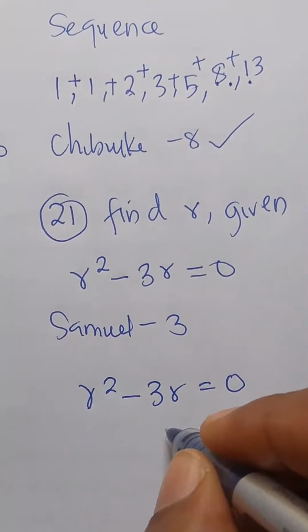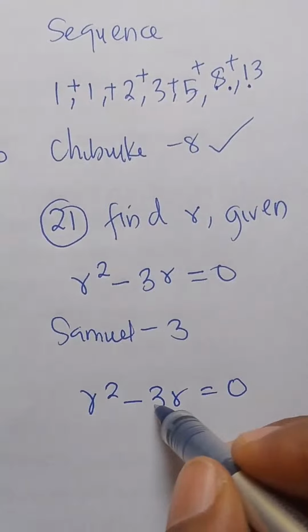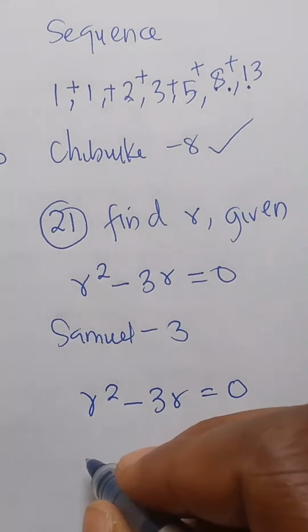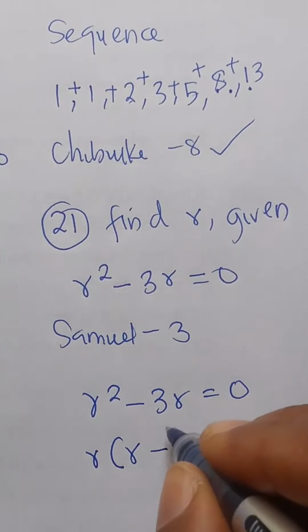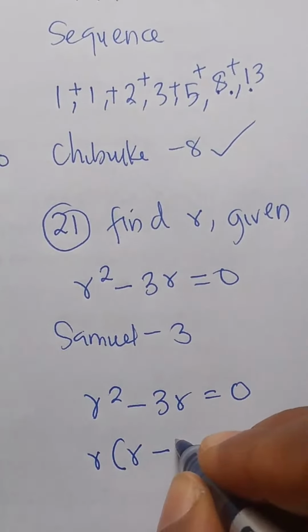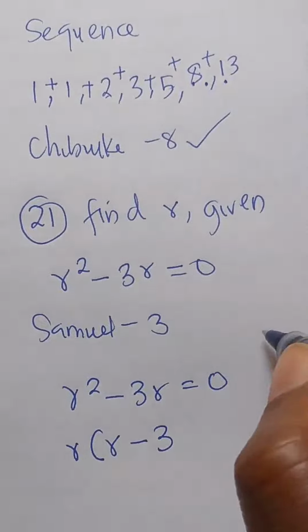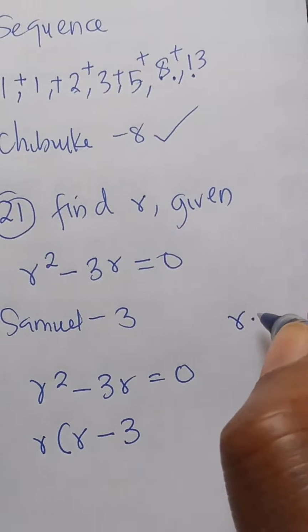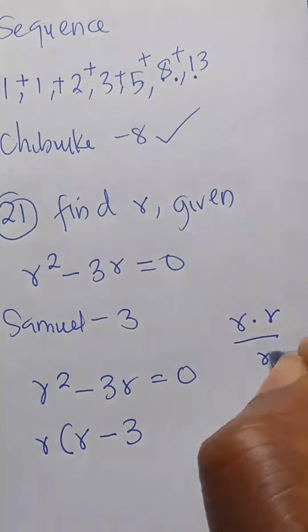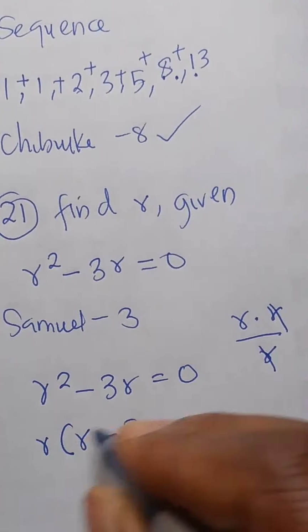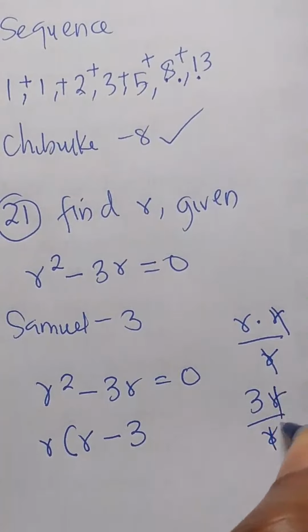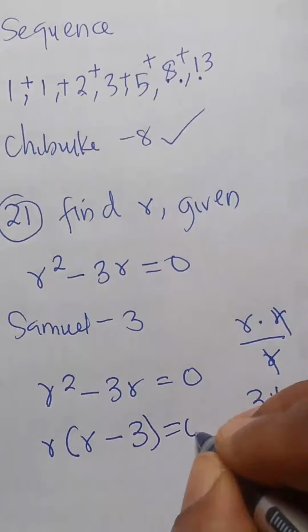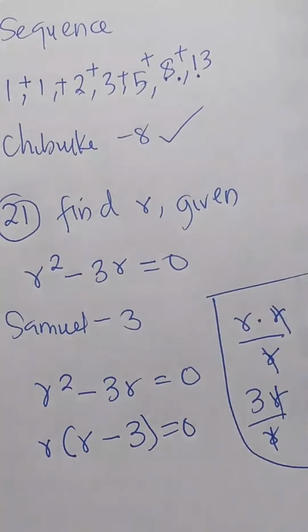Now, to solve it, we look at here, we have r. We factor r out. R squared divided by r will give us r, minus 3r divided by r will give us 3. R squared is r times r all over r, so 1 will cancel and we have r. 3r all over r, r will cancel, 3 is remaining, is equal to 0.